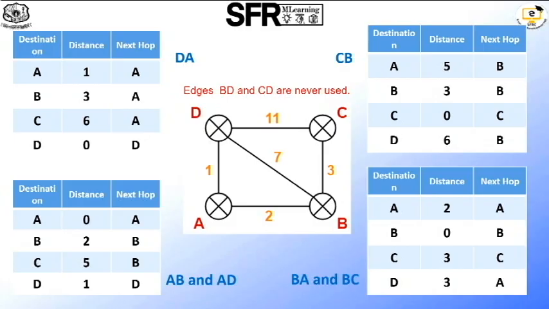So in router A the links AB and AD are the only paths used, right. For B they use only the BA and BC links, for C only the link C to B, and for D only the link D to A, right. So the edges BD and CD are never used in this particular algorithm.